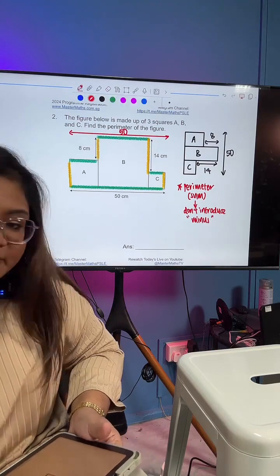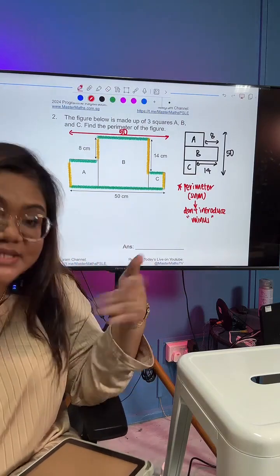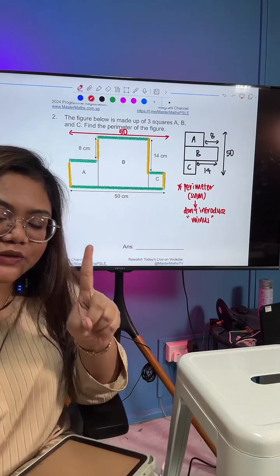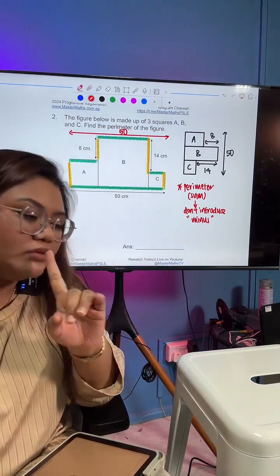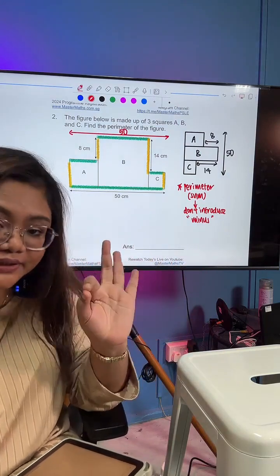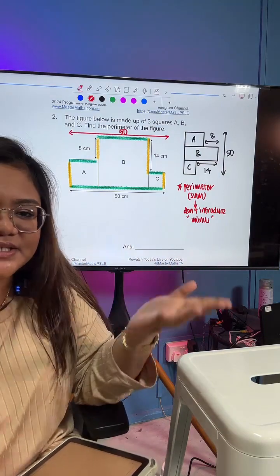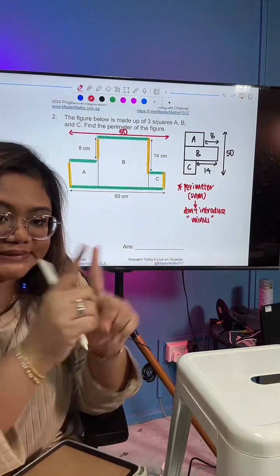So do not take 14 minus 8. You don't want to introduce a subtraction if you want to find sum. That is my first tip for all of you. If you want to find the sum of anything, you don't need to subtract. Don't introduce subtraction because it doesn't make sense to minus when eventually you want to add everything up. That is tip 1.